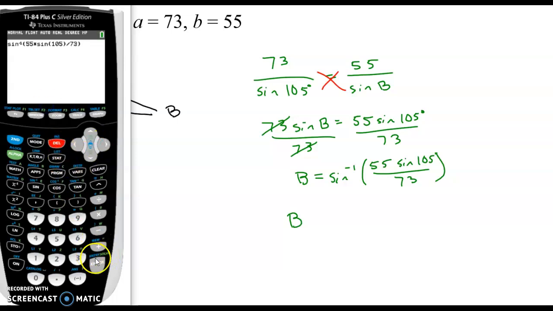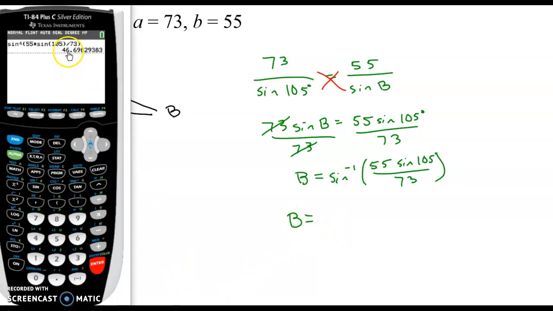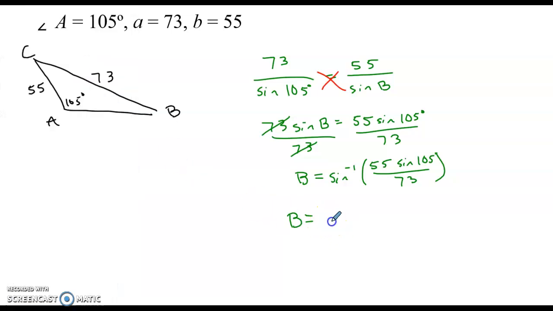Let's get rid of one of those. Okay. So you can see that my calculator tells me my answer here is about, let's go to the nearest tenth, 46.7 degrees. But here's the issue, and that is your calculator is dumb.